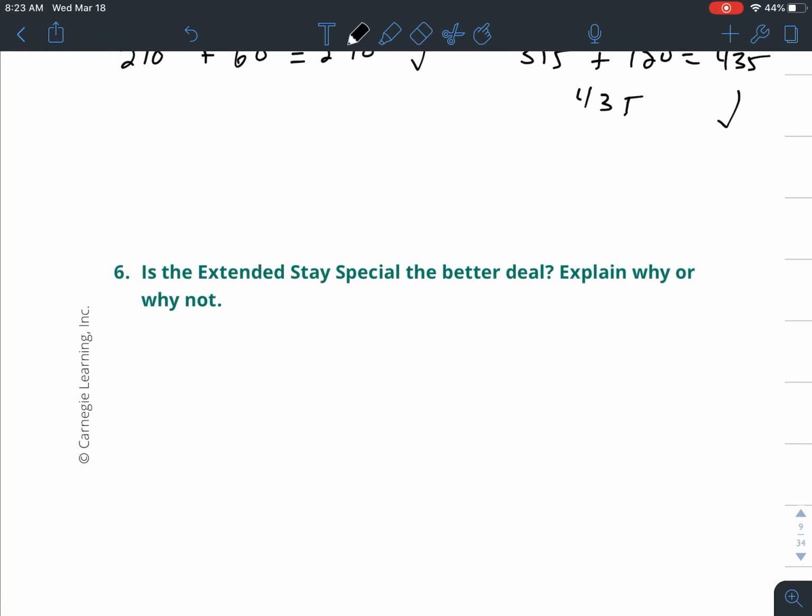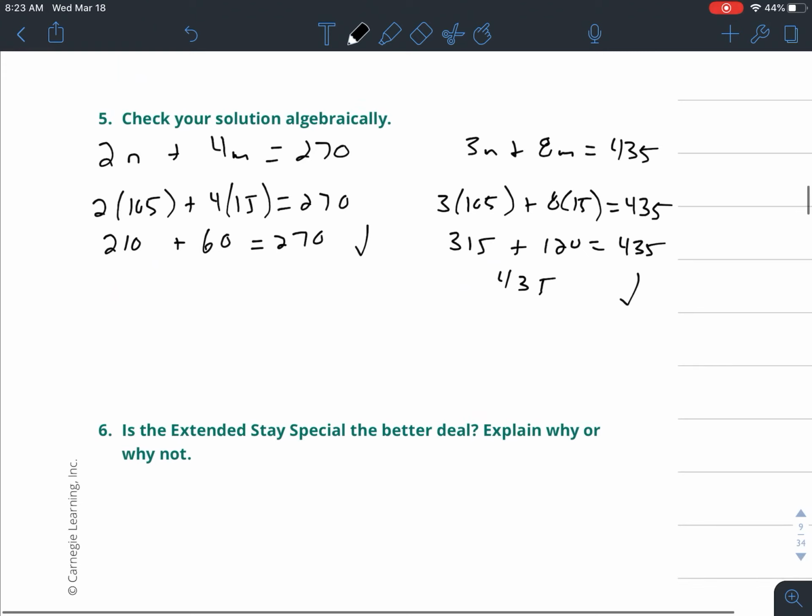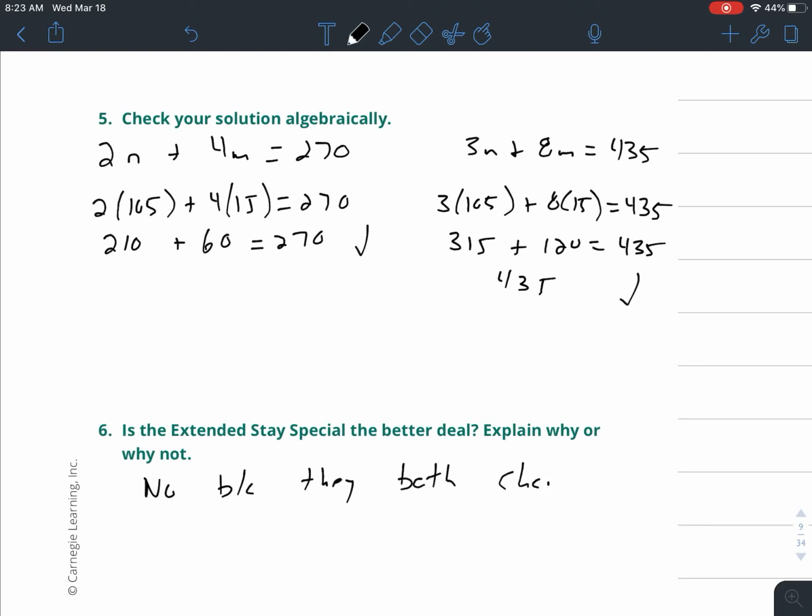Is extended stay special the better deal? Explain why not. All we say for this, when we looked at this, is one giving you better deal than the other? And the answer is no, because they both charge the same amount for rooms and meals.